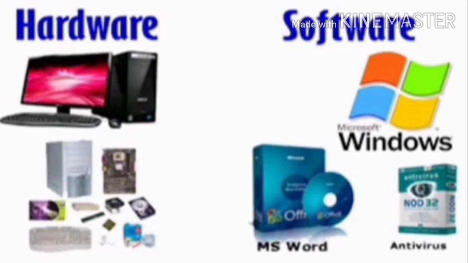Till now we have seen the definition and types of software. Now we see hardware. The parts available in the computer that help the software to work are hardware.